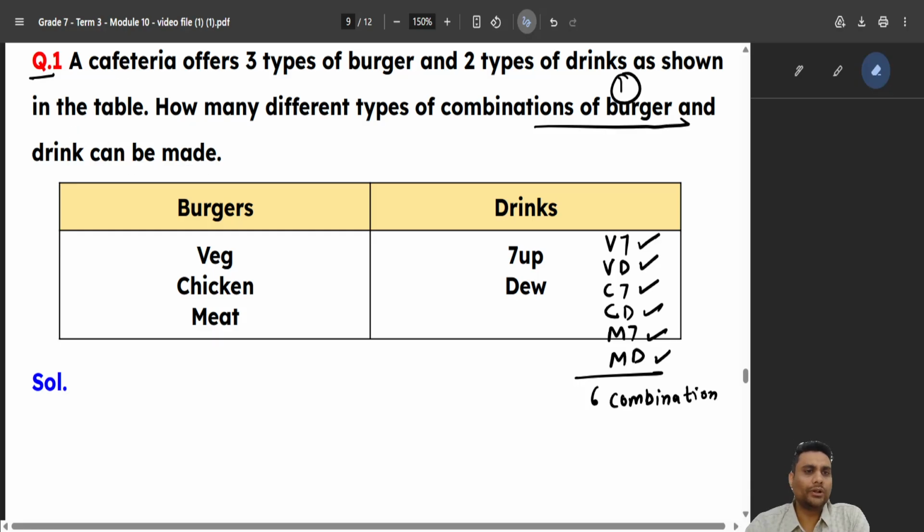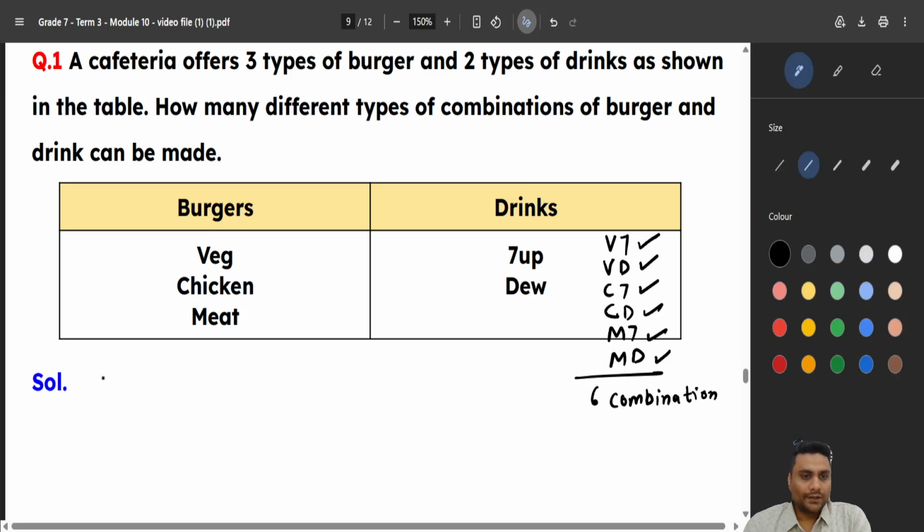Now how will you do it quickly in the exam? Check carefully. Sample space means all the different possible outcomes. How will you find it? How many burgers do you see here? Three different types of burger. How many drinks do you see here? Two different types of drinks.